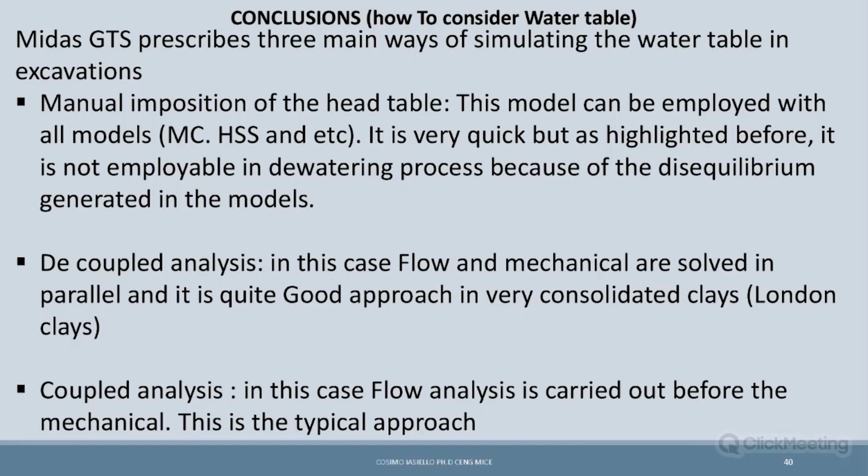We are telling our soil to pass from saturated conditions to drained conditions in one instant. This can create instability, not only numerical, but also from a physical point of view it is not real. So our model would not be real.